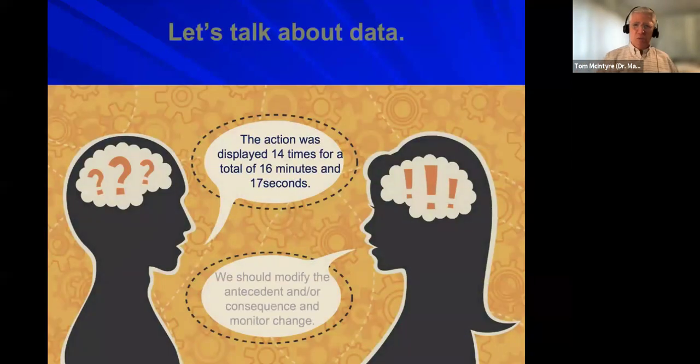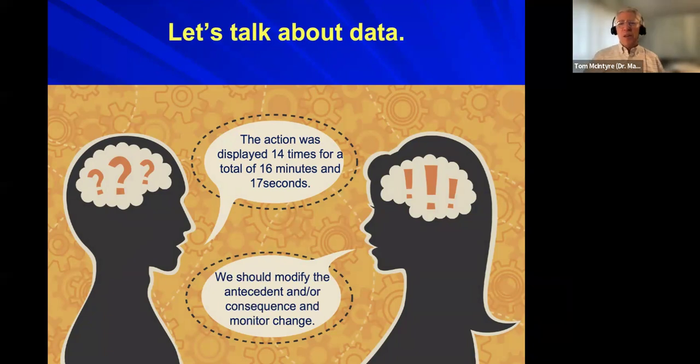So if we look at data, and you see some examples here, the action, you will be identifying a target behavior, a behavior you would like to influence, change in some way in a learner, a student, a child, a youth with whom you're familiar.